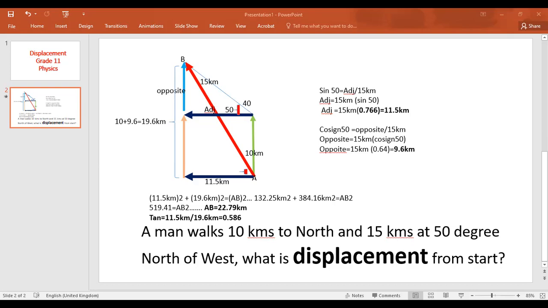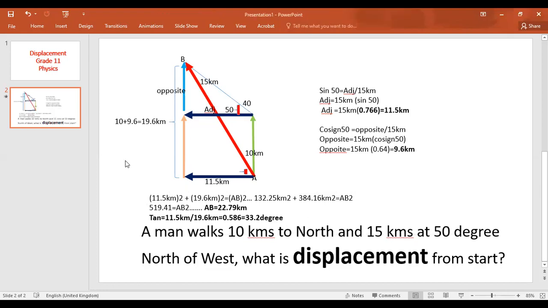Normally we should get a table where you could look for this, but maybe I need to just look for 0.58. Tangent of 0.58 is 33.2 degree.